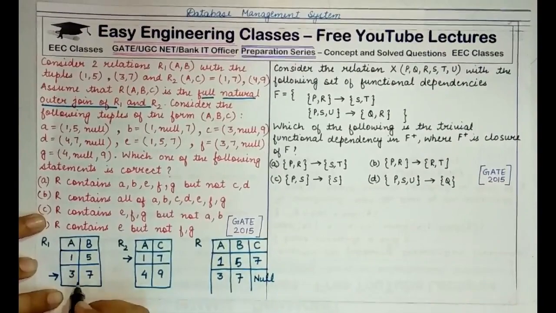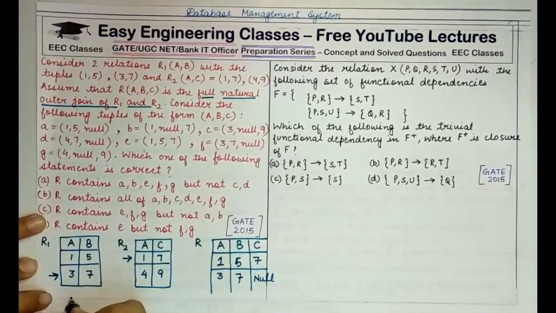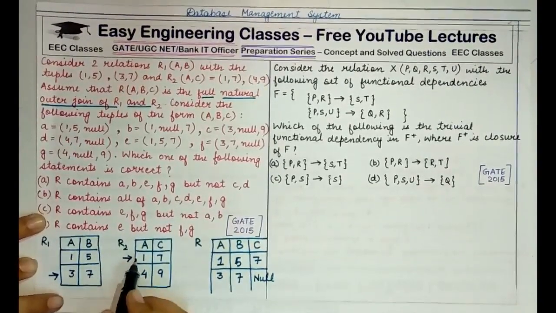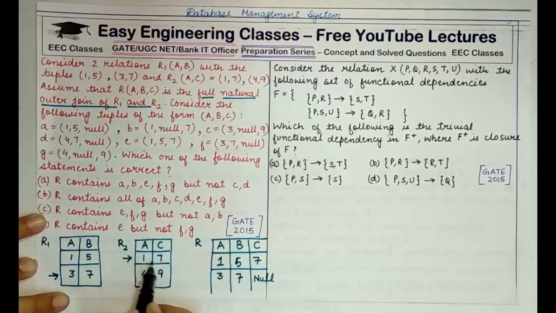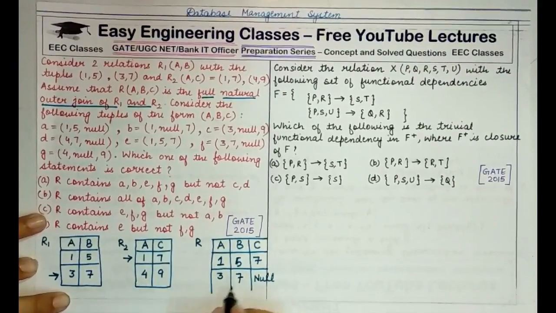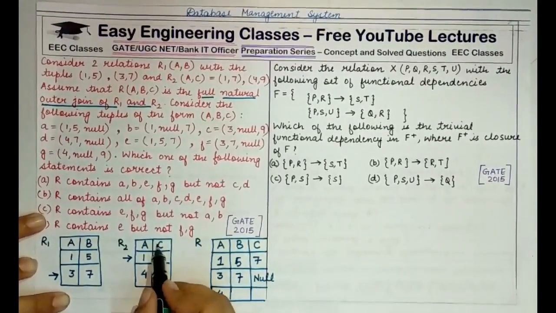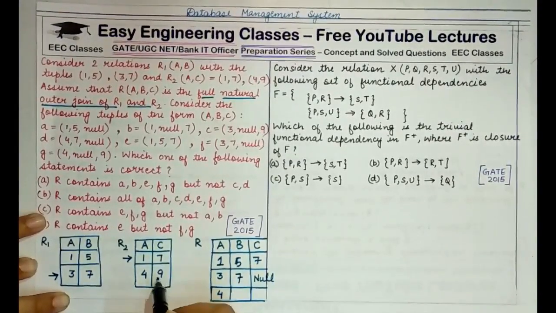Now since all the rows of R1 are done, I go through the rows of R2. Since we have already covered the row (1, 7), I go to the second row. The second row says that the value of A is 4. So I make another row here in the full natural outer join and put 4 here. The corresponding value of C is 9, so I place 9 here.